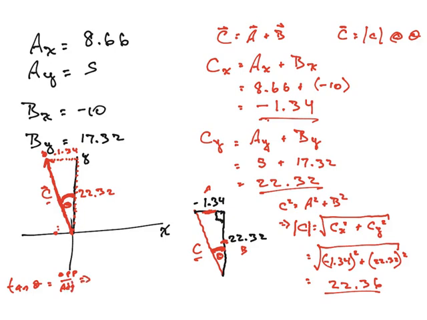So if I want theta, that means theta is inverse tangent of the opposite side over the adjacent side. Now I just plug the numbers in. Theta is inverse tangent of opposite, that's negative 1.34, over adjacent, 22.32.